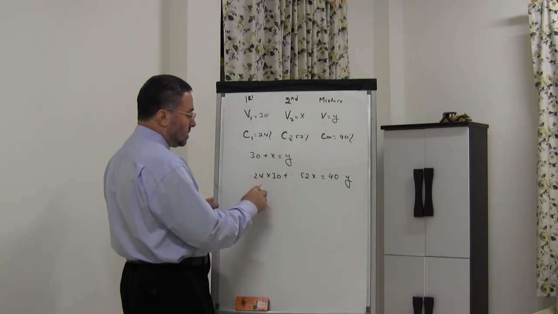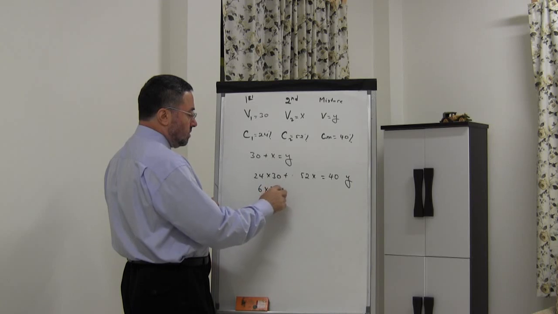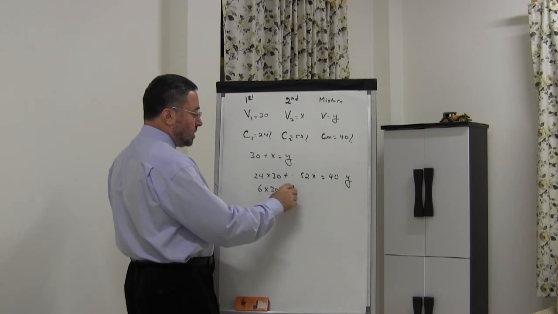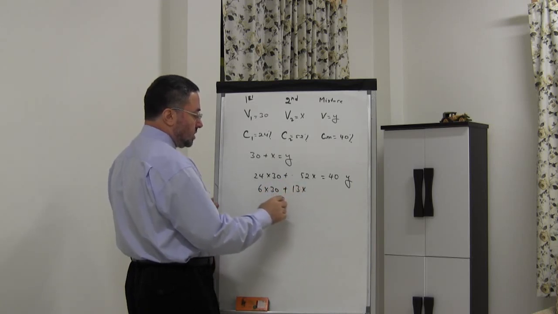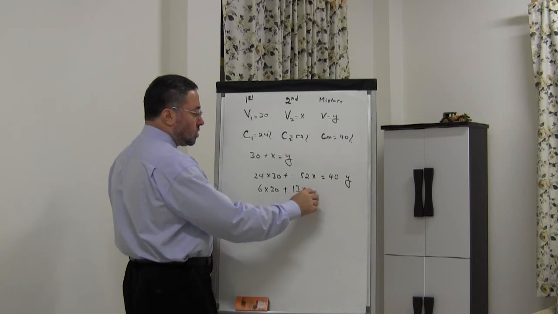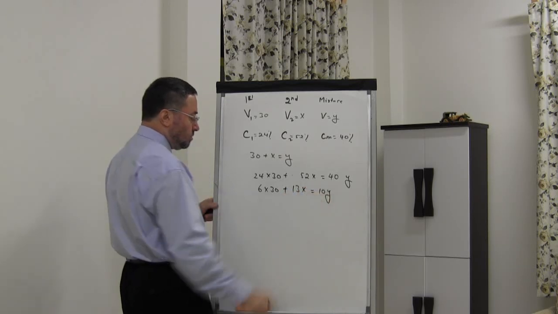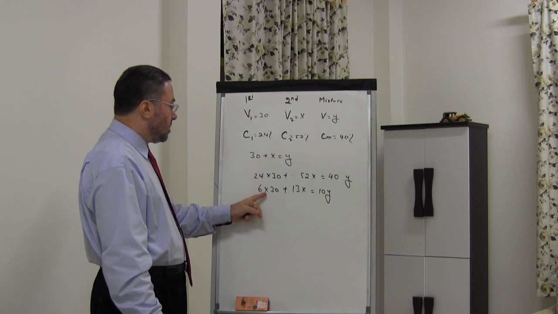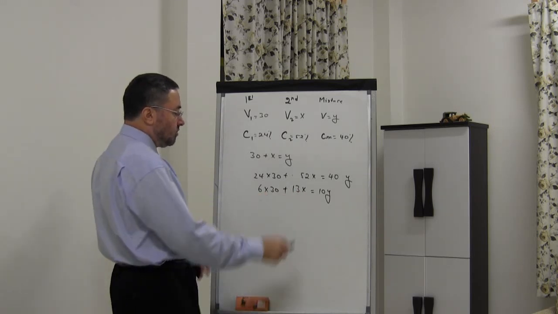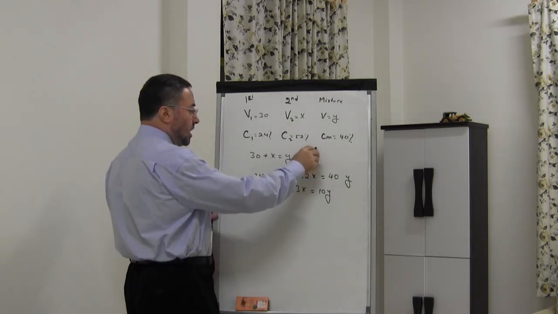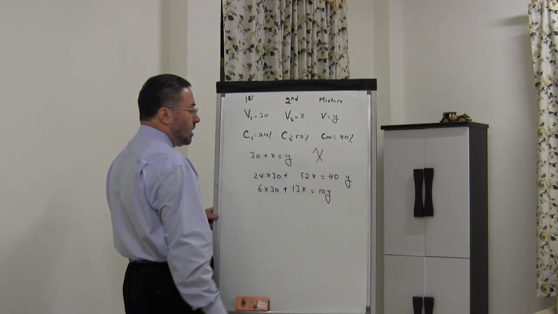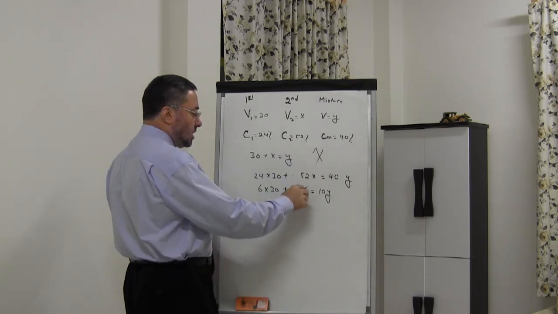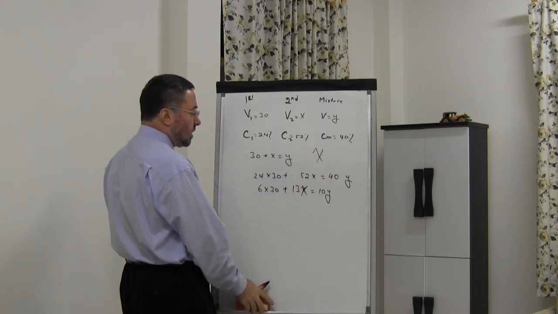So we get 6 times 30 plus 13x equals 10y. Here we have a multiplication and here we have x. If you want to distinguish these, you can write x like this, and that will tell you this is an x and not a multiplication sign.